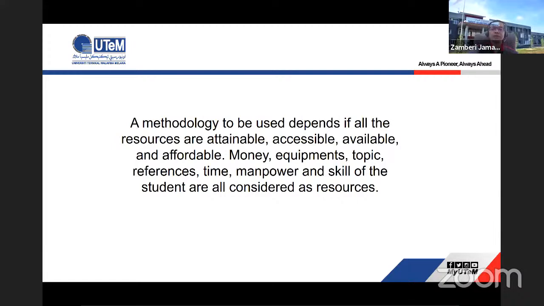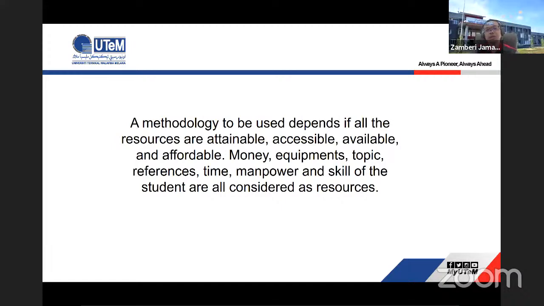Okay, do we have the right apparatus? Do we have the right equipment? Do we have the right instrumentation? Those are the kind of things that we should ask ourselves when we are preparing the proposal. Okay, and then the other thing is affordability. Can we afford this kind of test?